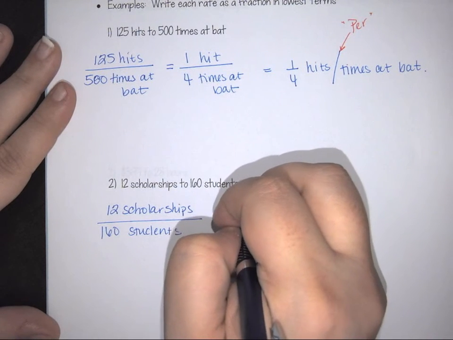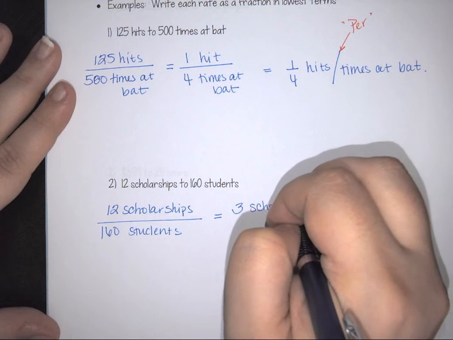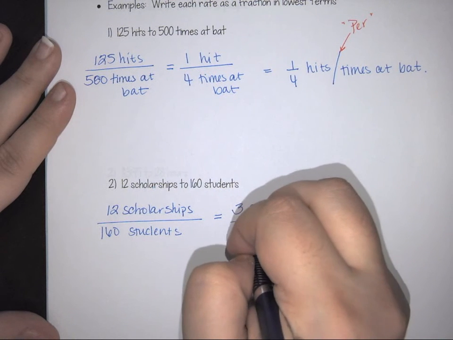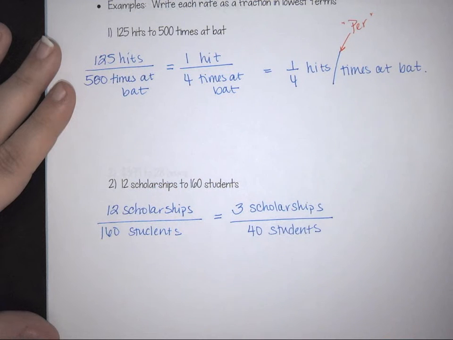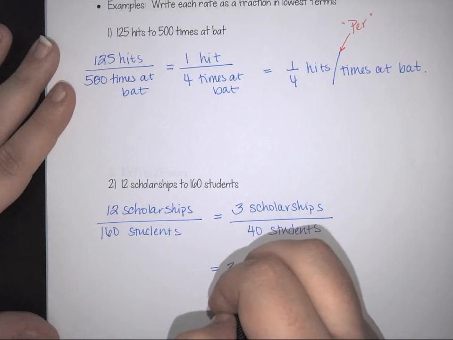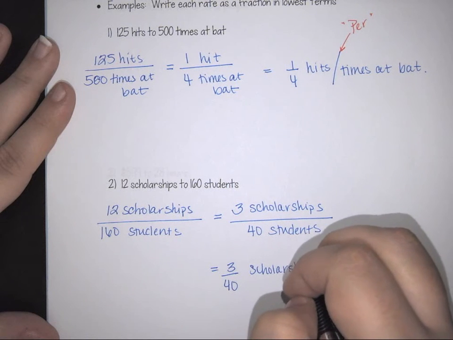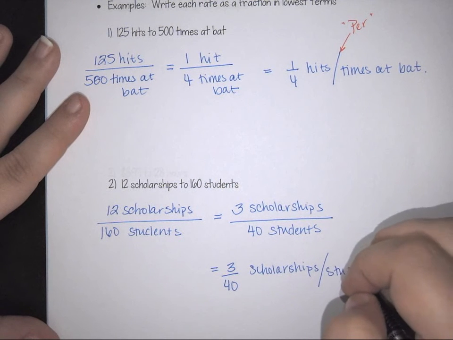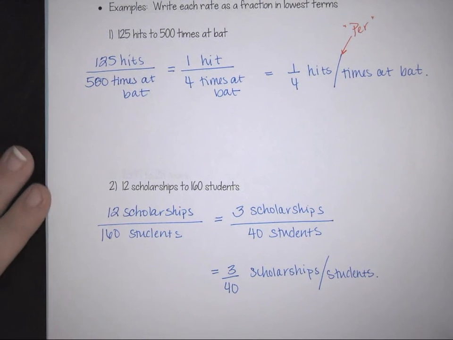That's going to leave behind 3 scholarships to 40 students. And then remember, the other way to write this would be to say 3/40 scholarships per students, or per student.